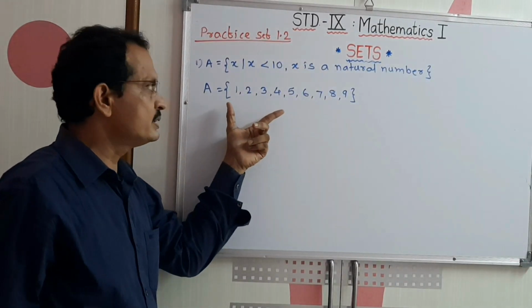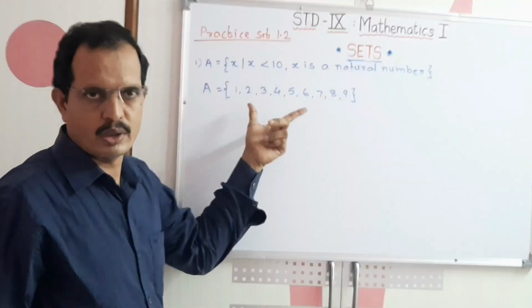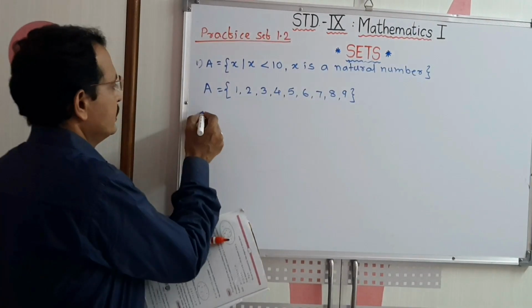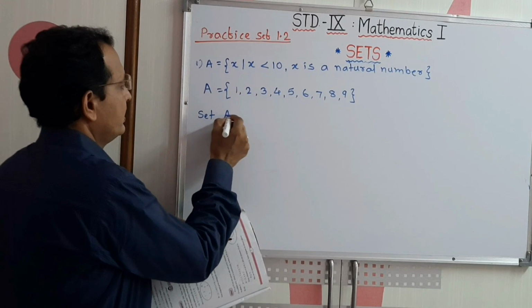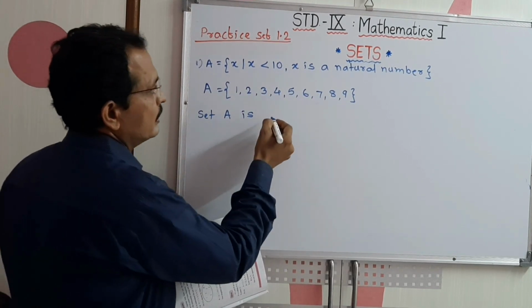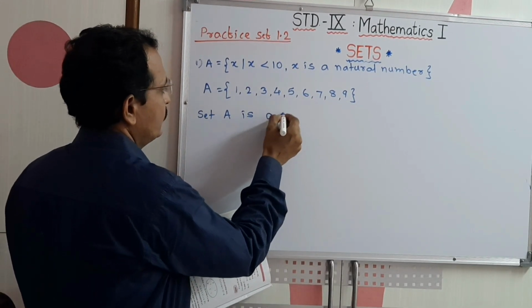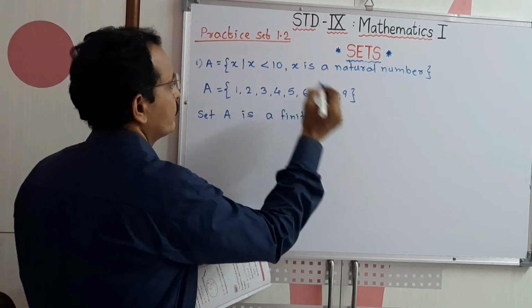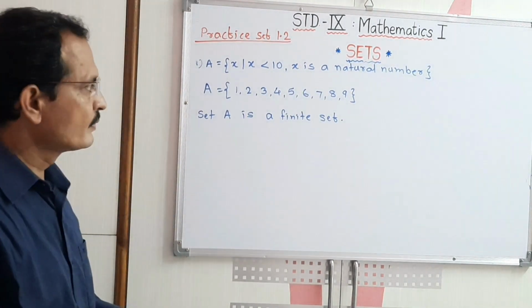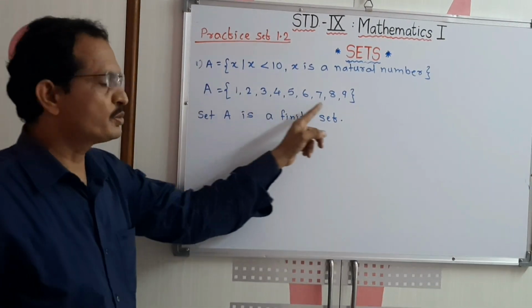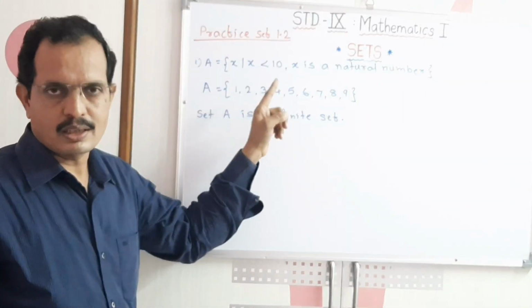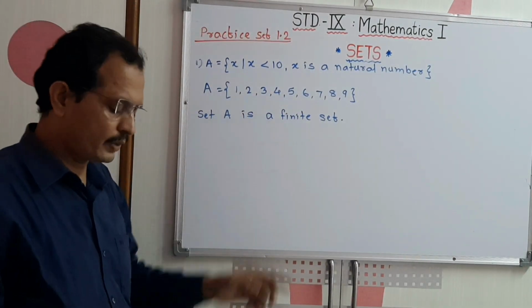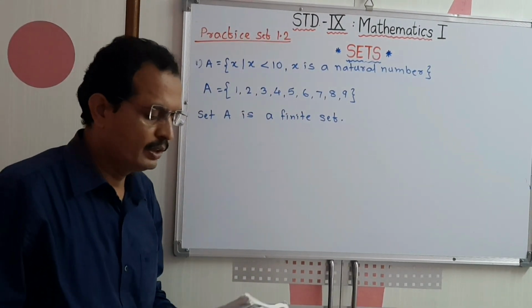These elements are countable and limited, therefore set A is a finite set.